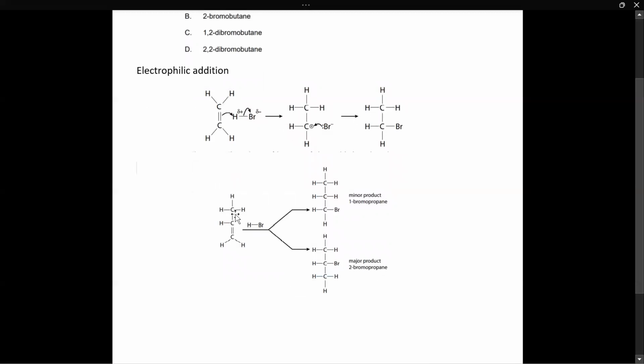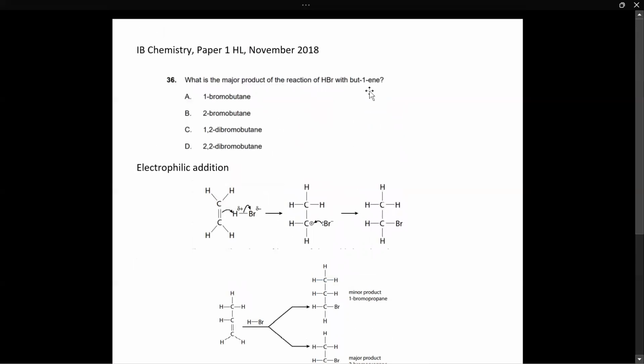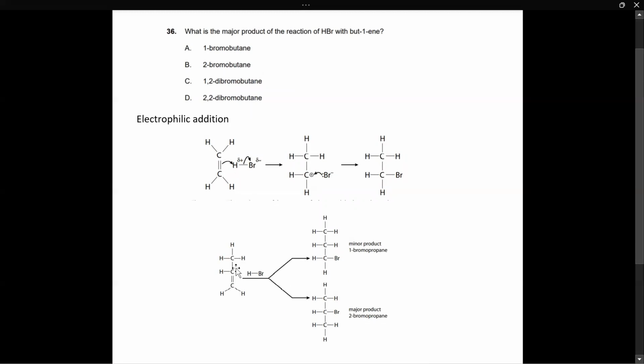However, when you deal with molecules like propene or even butene, which have more than two carbons, you have a choice now. And these choices are distinct from one another. In this case, if hydrogen chooses to go and attach with carbon number 1, this carbon over here, then this carbon number 2 is going to have a positive charge on it.